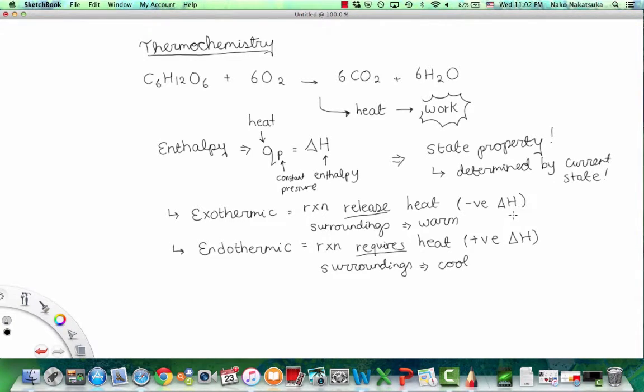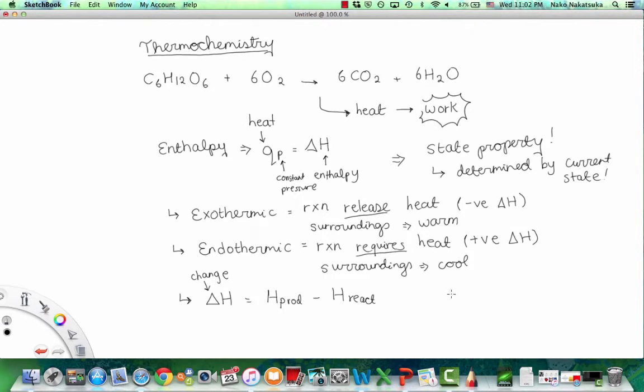State properties can also be added and subtracted. What that means is that the change in the enthalpy value, since delta indicates change, is a result of the enthalpy value of the products minus the enthalpy value of the reactants. And this is because it's a state property, determined by the current state and not by the path it takes.